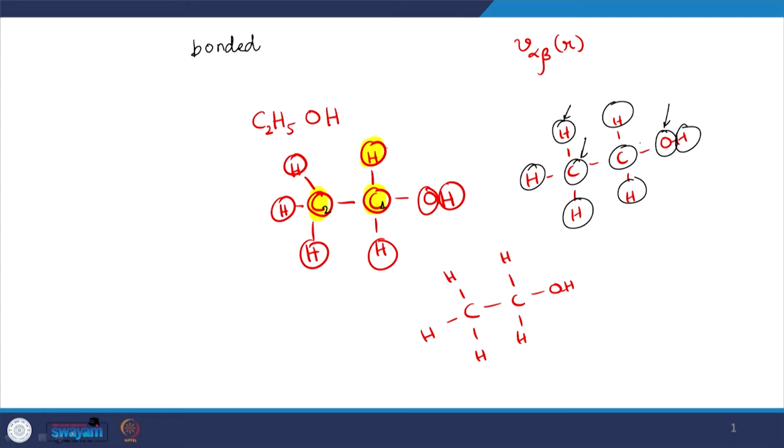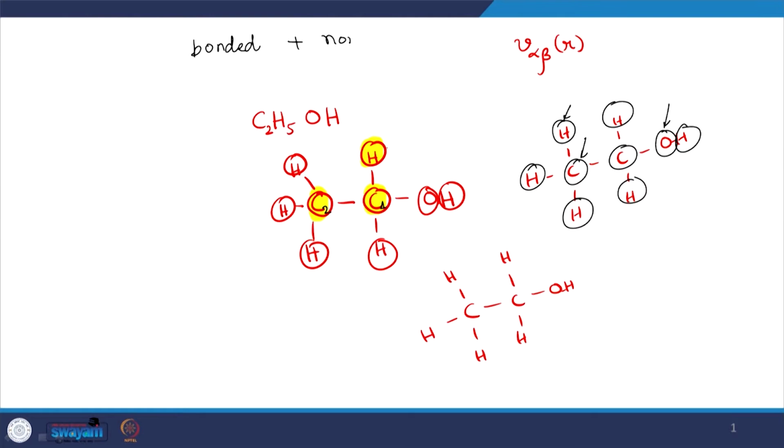First of all, there is no immediate bond, but there is no bond even with the bonded atoms. So there is no connection between this hydrogen and the other atoms in the other molecules, right? Those are what I call non-bonded interactions. So, this is within the same molecule.